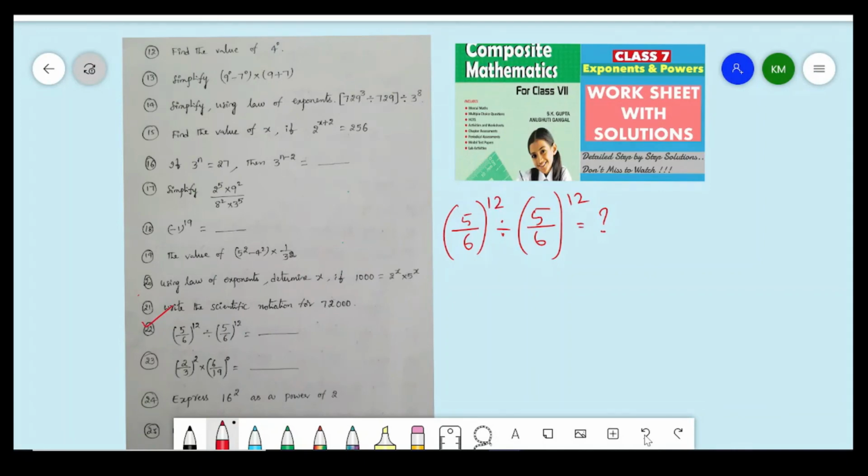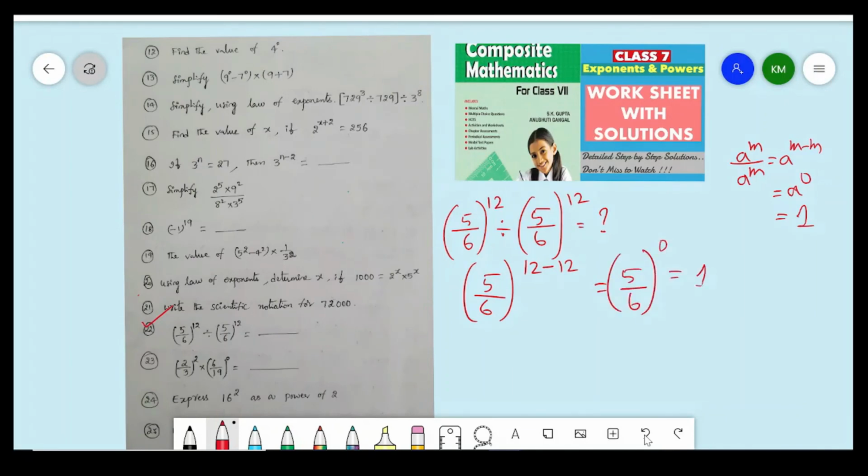So a power m divided by a power m is a power m minus m, which is a power 0, that is simply 1. Similarly (5 over 6) to the power of 12 minus 12 is equal to (5 over 6) raised to the power 0, that is equal to 1. So this is the answer for this.